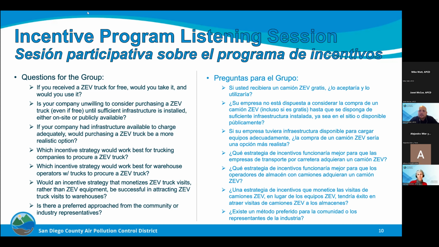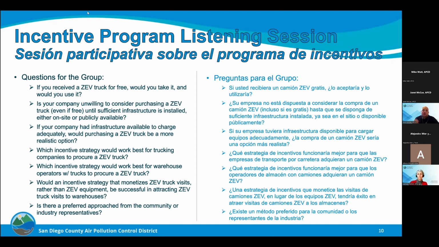My question, for the folks that know, is that one thing we're struggling with a little bit: if trucking as a service can't work, and if we were to incentivize through a monetary program, be it a large chunk of money to purchase a truck, or a per-trip visit with a little bit of monetary benefit at a time, either to the trucking company or warehouse owner or whoever it may be, which of those might push a company over the edge to say, yes, I can do this?